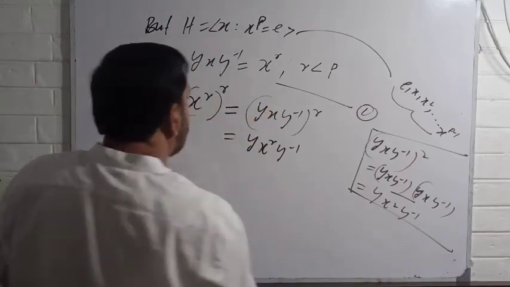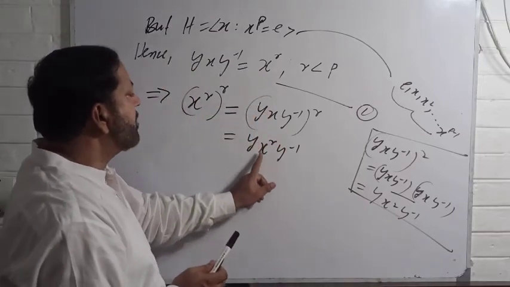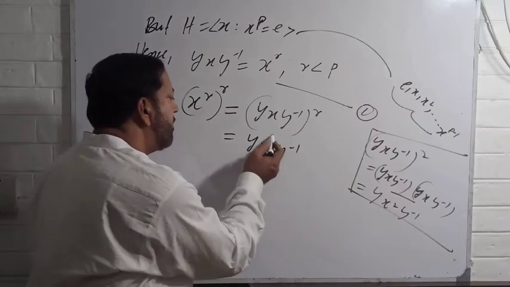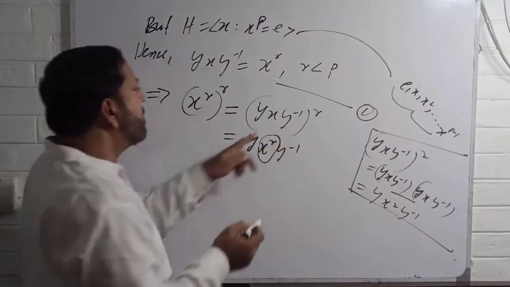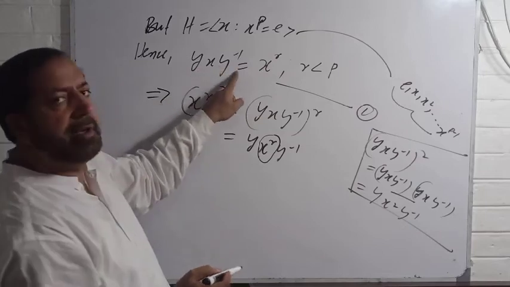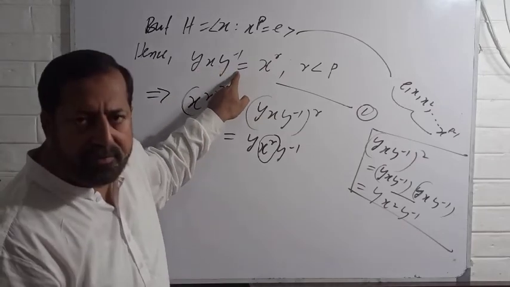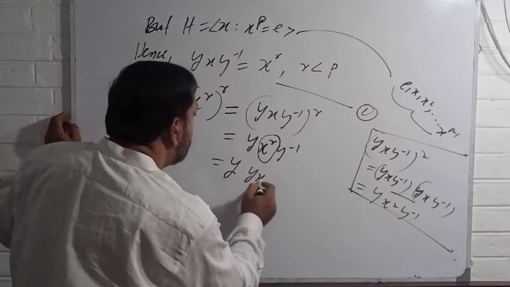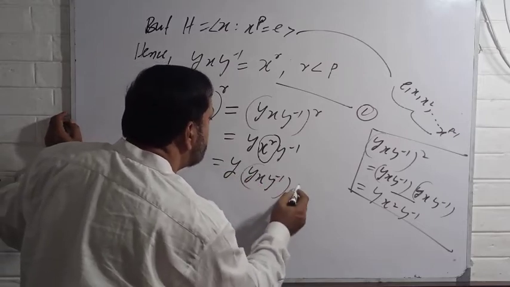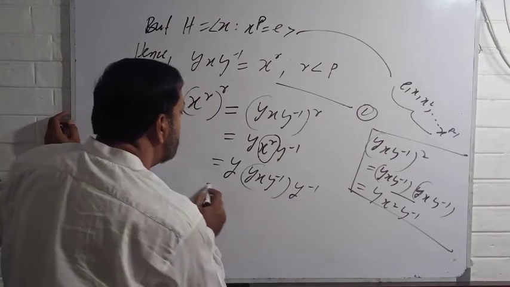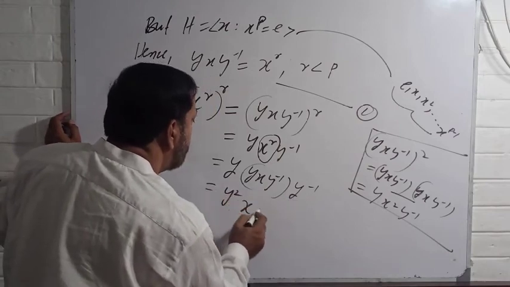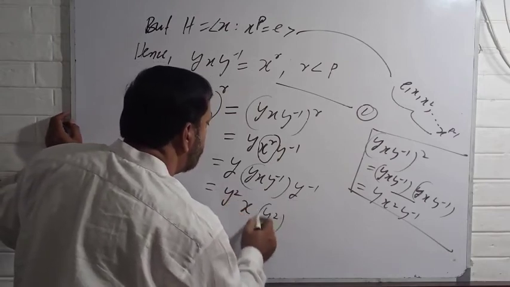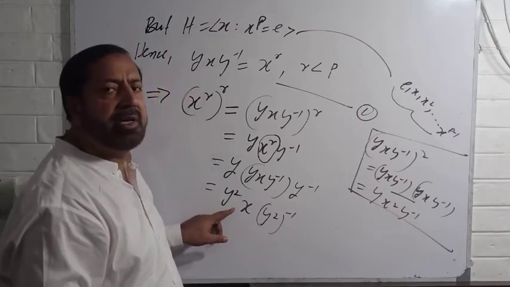Okay. And again, use the definition of x power r. What is the definition of this? x power r is equal to yxy inverse. Then again, I am using the same definition too. So this is equal to y yxy inverse y inverse. This is equal to y square x y square inverse. And you know y square is equal to identity.